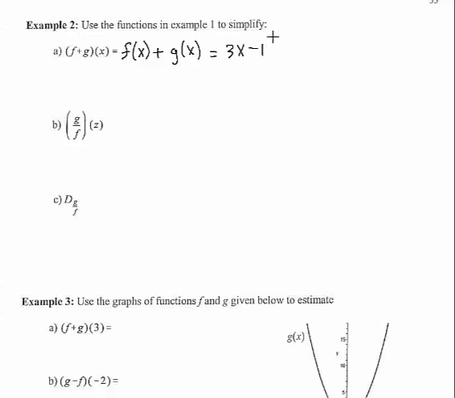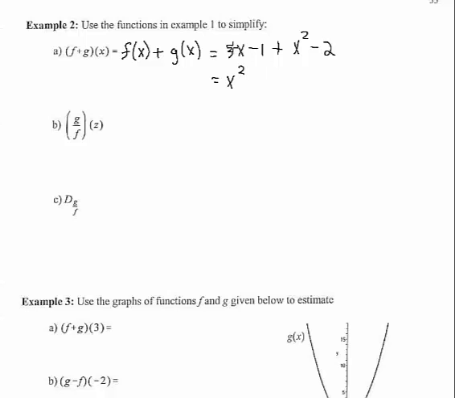And then we're adding g of x, so we don't have to worry about distributing a sign or a number. So I'll just write plus, and then I'll write g of x off to the right, x squared minus 2x. And at this point, we simply want to clean it up and combine like terms. X squared is my term with the highest degree, so I will move it over to the left.